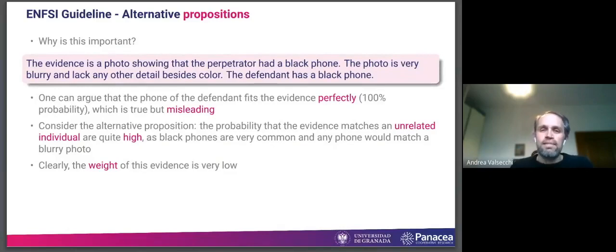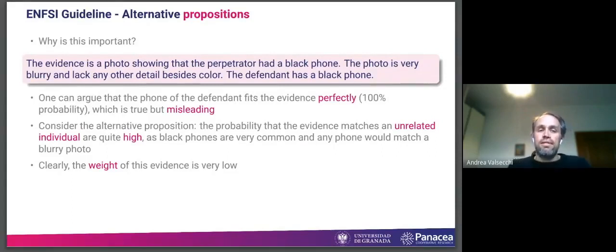And it so happens that the defendant has also a black phone. One could argue that the phone of the defendant fits perfectly the evidence. We can even say that the probability is 100%. Which is a true statement, but it's also misleading because it overplays the significance of this finding.